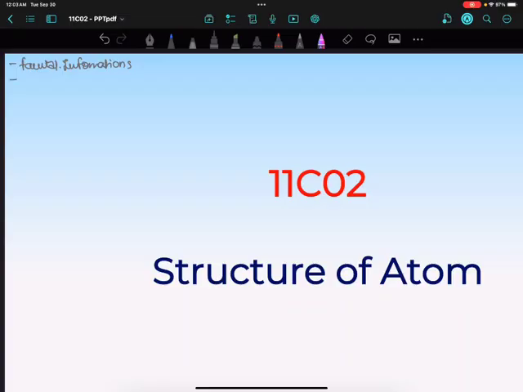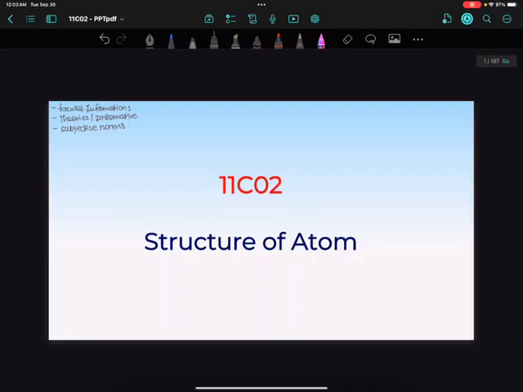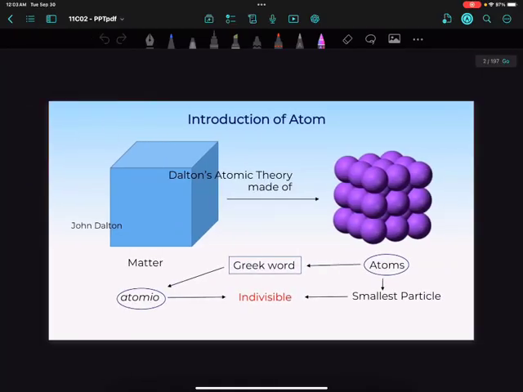It will have theories, or you can say some informative and some subjective norms. Okay, so let's start with this chapter.